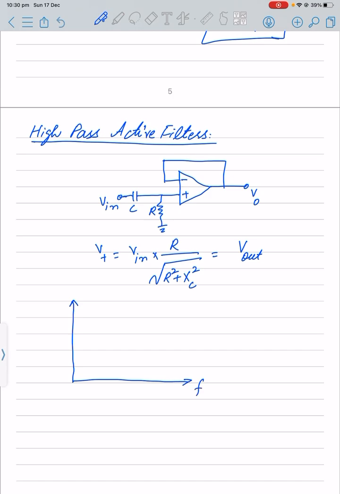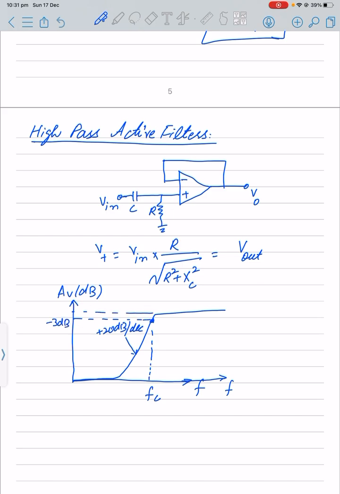The frequency response for this one would be the same as we have studied earlier. For the low frequencies there is nothing, but when we reach some particular values it will approach that value, and because that one is first order, that will be a plus 20 dB per decade, and at some point there will be the corner frequency where we achieve around minus 3 dB, and that one is our 0 dB, and this one was a negative 20.